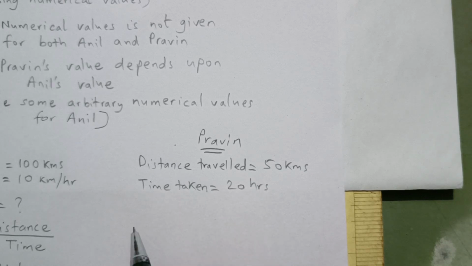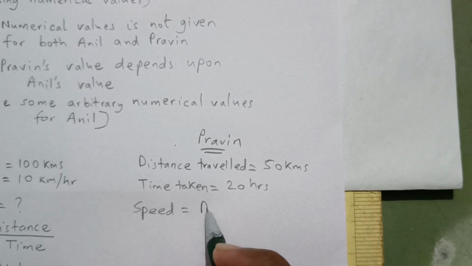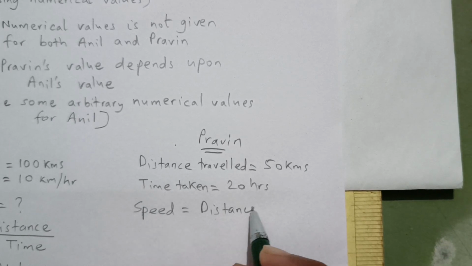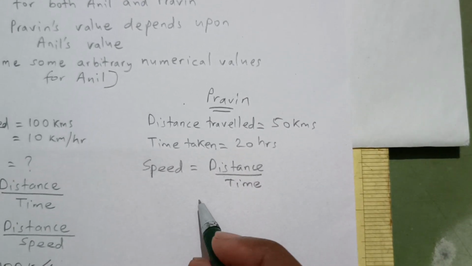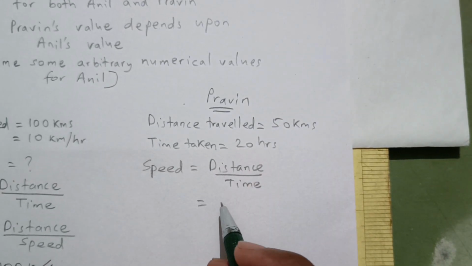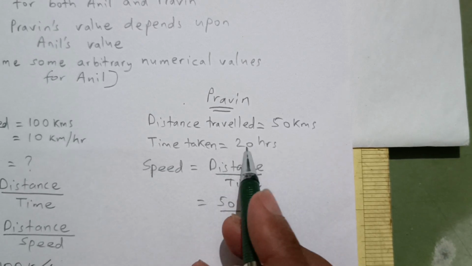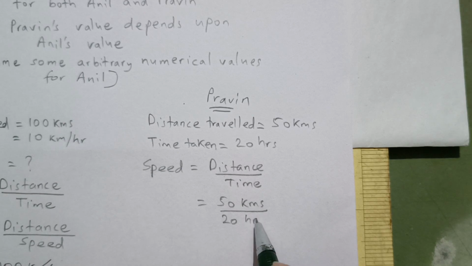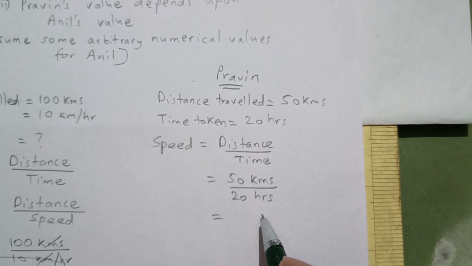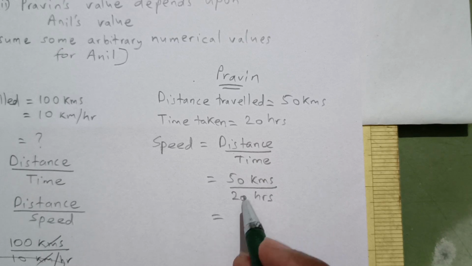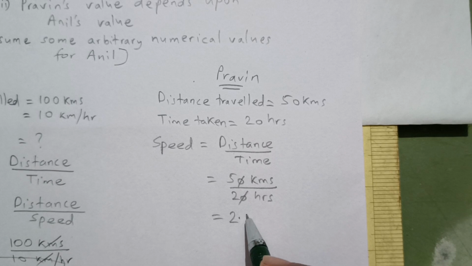From here I can calculate the speed of Praveen. Speed is distance by time. The distance is 50 kilometers and the time is 20 hours, so speed is 50 by 20 kilometers per hour. The zeros cancel, and 5 by 2 is 2.5.